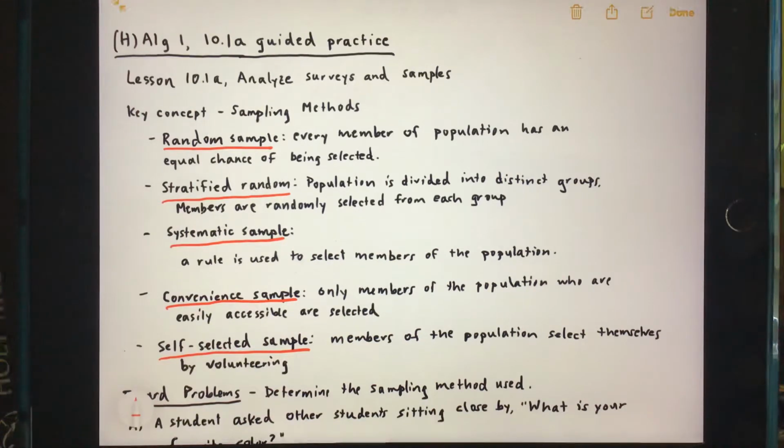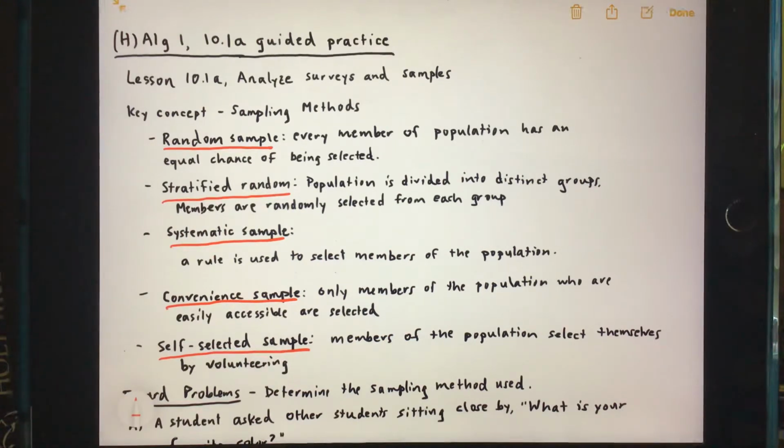This might be a good first step. And then you randomly pick members within those groups that you have made. So if you want to find out something about the population of the United States and you group the population by states, then you would maybe pick some people that are in each state to find out something about the entire population.